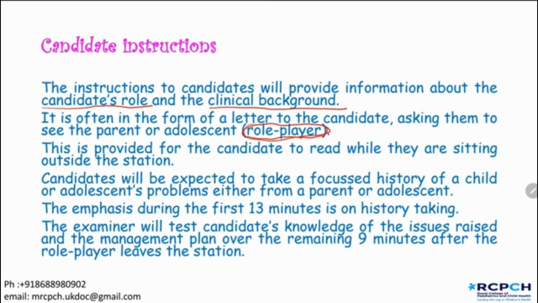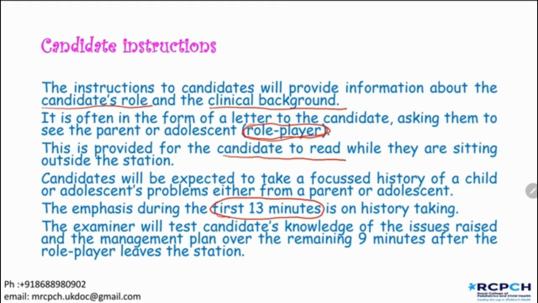The instructions will be provided to the candidate when waiting outside the station for about 3 to 4 minutes. The candidate will be expected to take a focused history of the child or adolescent's problem from the role player. The time for history taking is 13 minutes.